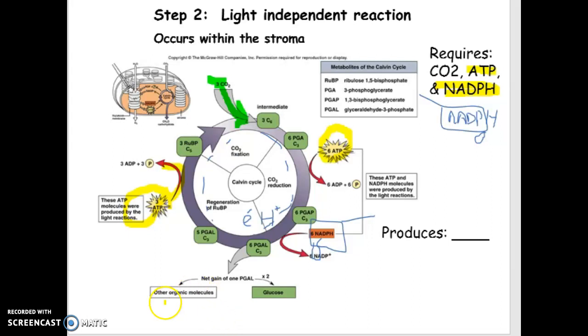and ultimately it's going to produce glucose. What's going to be produced is C6H12O6. That is the chemical formula for glucose. 6 carbons, 12 hydrogens, and 6 oxygens.